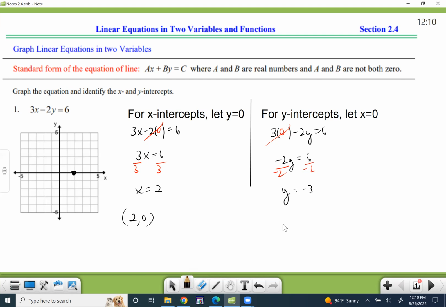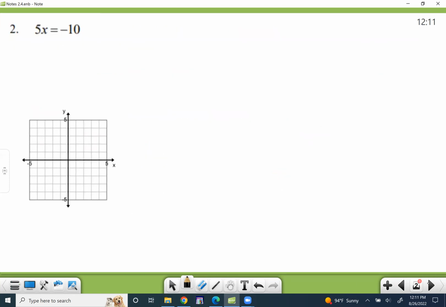So we're looking at the point (0, -3). That's going to be our y-intercept. Now that we have 2 points, and 2 points determine a unique line, that has to be the line. If you're in standard form, using x and y-intercepts is a very quick and easy way to get the graph of the line.